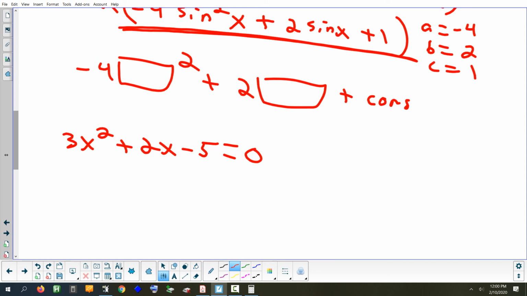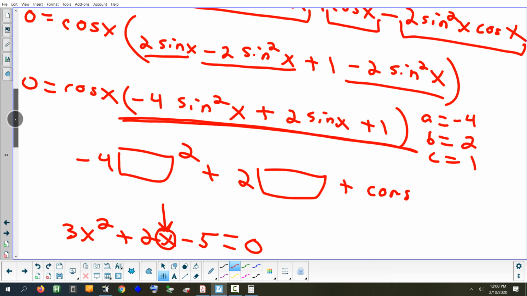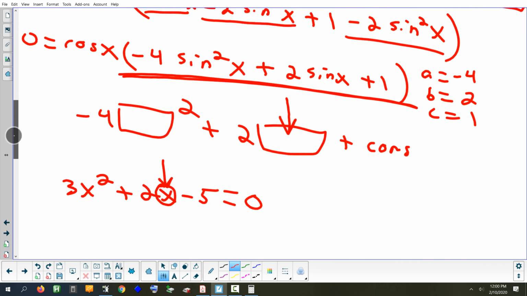Well, you're solving for x. You are always solving for the thing that is right there, the thing that's in the middle. So, in this formula, you are solving for what's right there. Look at our formula. What's in the spot that I'm pointing to? Sine x. Not x, but sine x.